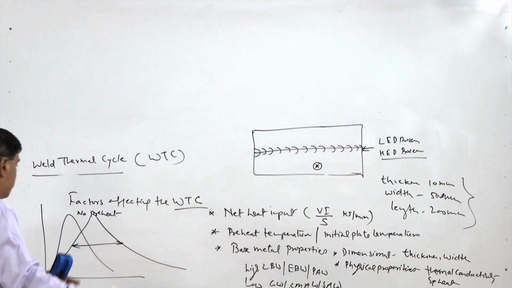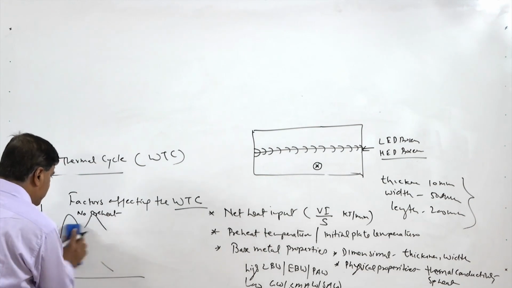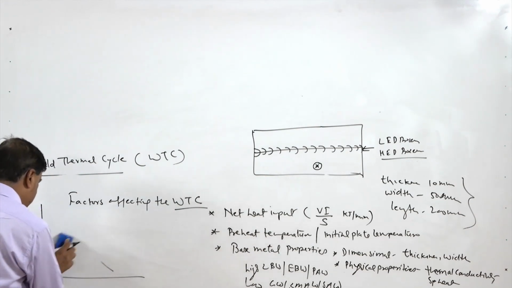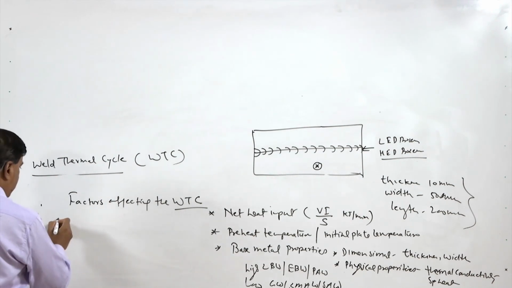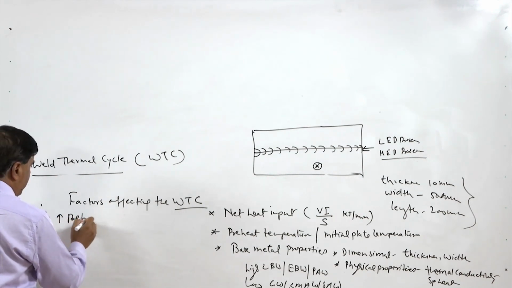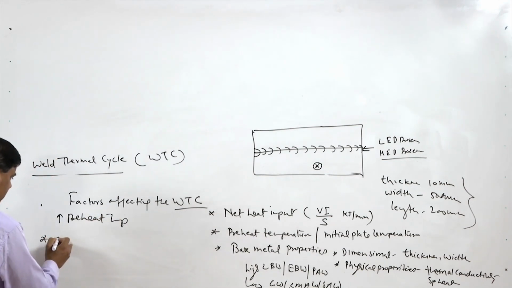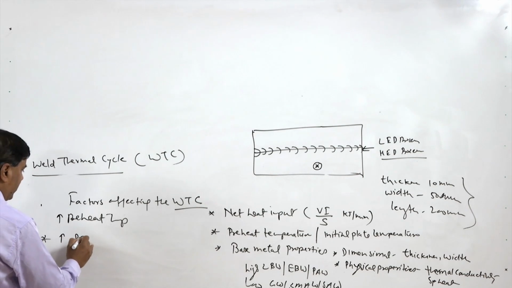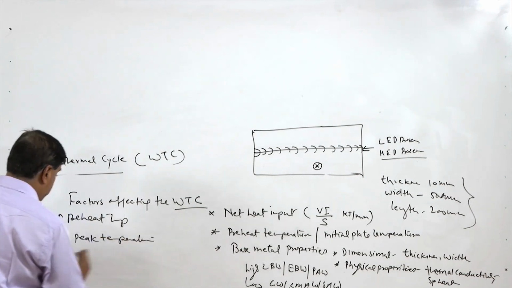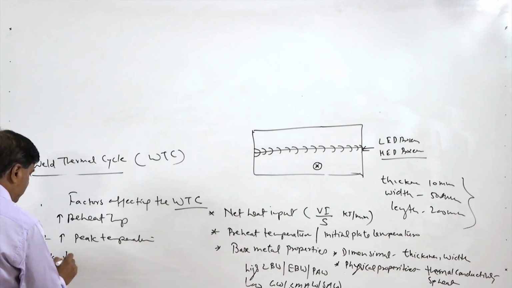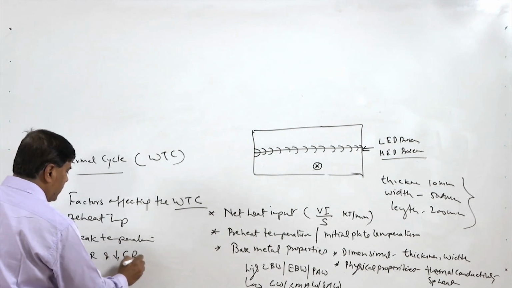If this point is located away, then what will we see with the increase in preheat? Simply an increase in preheat temperature increases the peak temperature if it is located away from the fusion boundary, but at the same time it reduces the heating rate and it reduces the cooling rate.